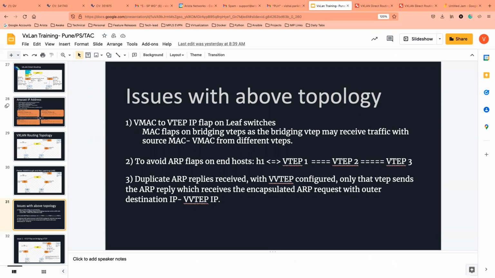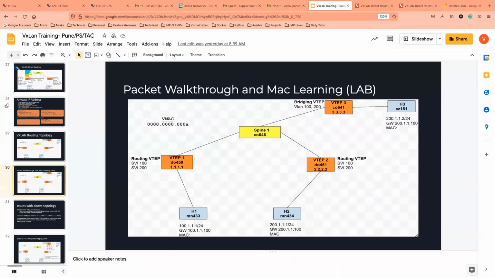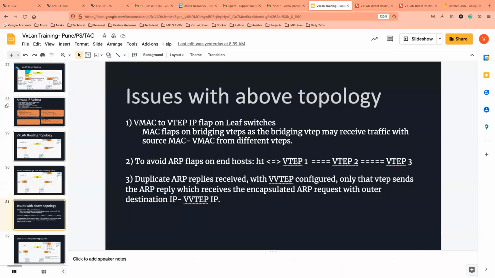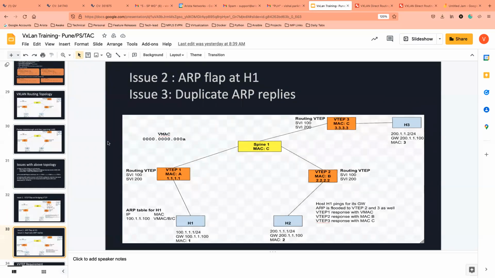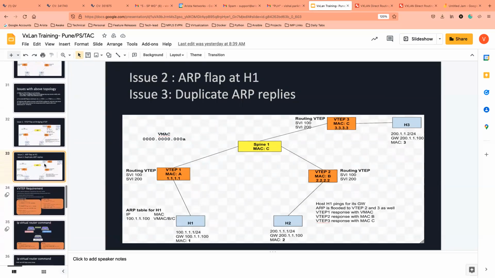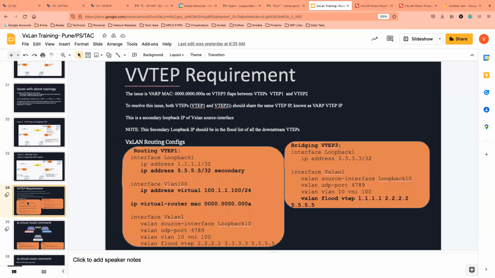Okay. So yeah, we have discussed all this, right? MAC flap and all these different issues, and why we need virtual VTAP IP. So you can also refer to these PPTs, which I have already placed into that document. And VTAP requirement.